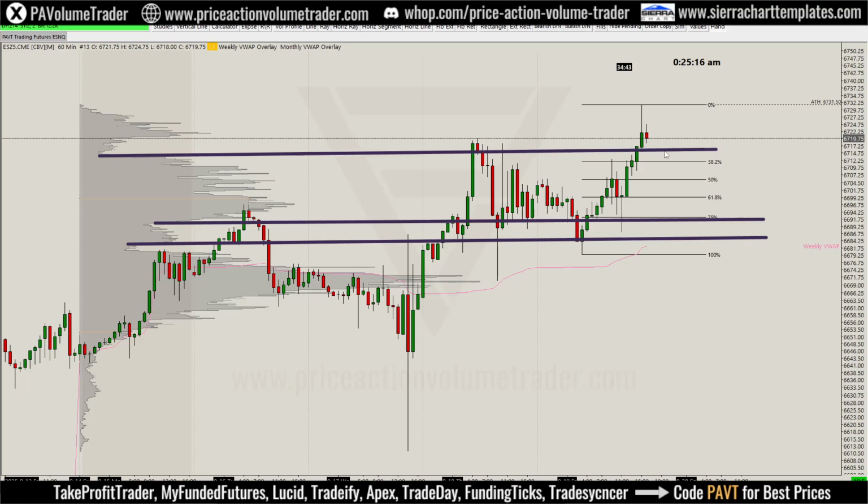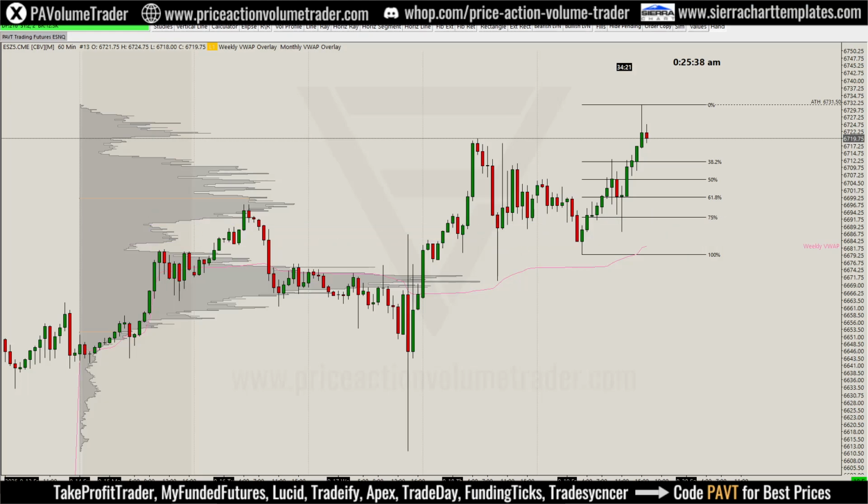So this is pretty shallow, so I would not expect this area really to hold at first. For me, definitely right here, this one around 75% should be a pretty significant level, and then this one as well, focusing on these two major cuts in the profile.